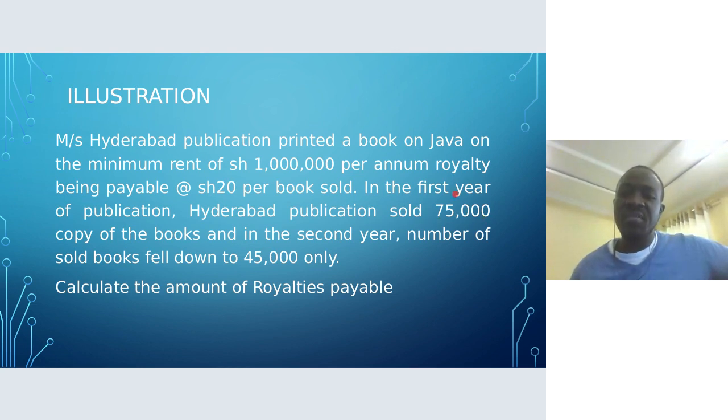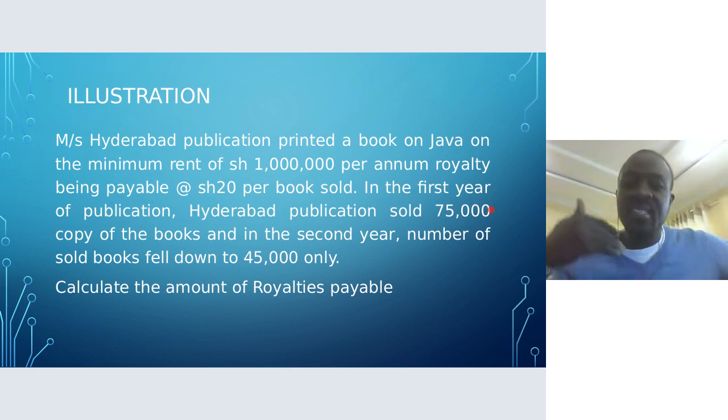Now for the 75,000 books, the output, we will take the 75,000 books sold times the 20 shillings per book. And if you multiply 20 by 75,000, that will give us 1,500,000 shillings.